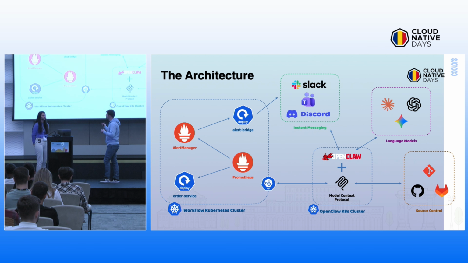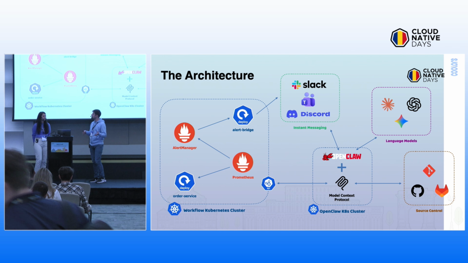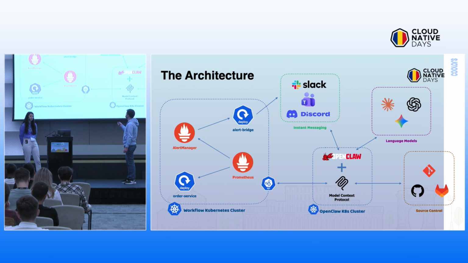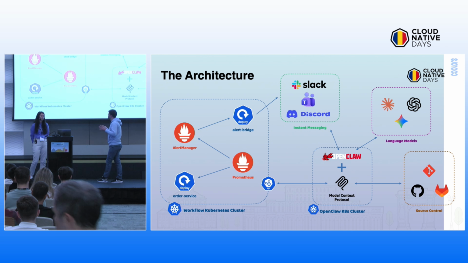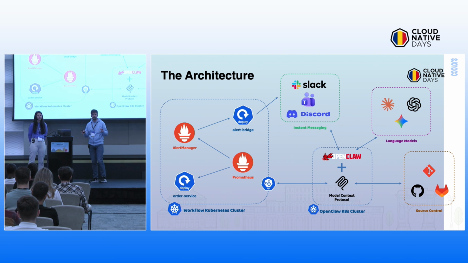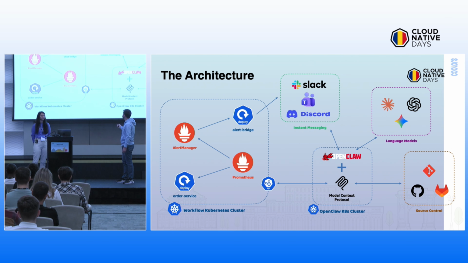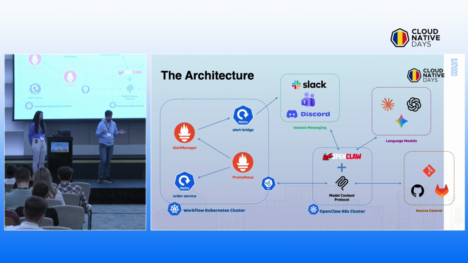So whenever Prometheus detects a problem, Alert Manager sends a message via this alert bridge, which is a simple deployment, a very simple Python script that translates the alert from Alert Manager's format to a message in one of our instant messaging applications. In our demo, we actually use Discord, but you can use Slack, Teams, whatever you like. You can also use PagerDuty or another incident management platform.